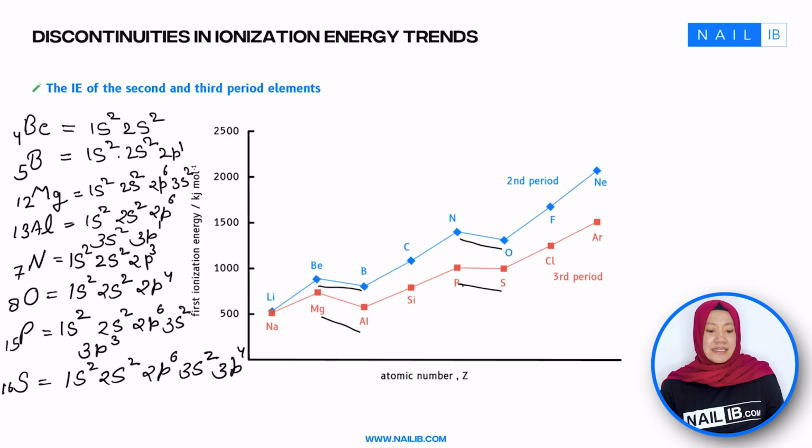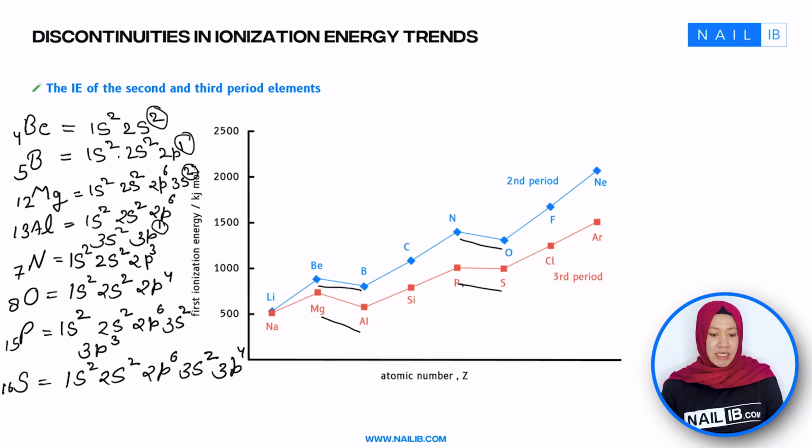Right, now let's see the electron configuration between Be and B. Here, the valence electrons fill the s orbital, but for B, the p orbital, 1 electron. The same thing with Mg, the s orbital, and Al the p orbital.